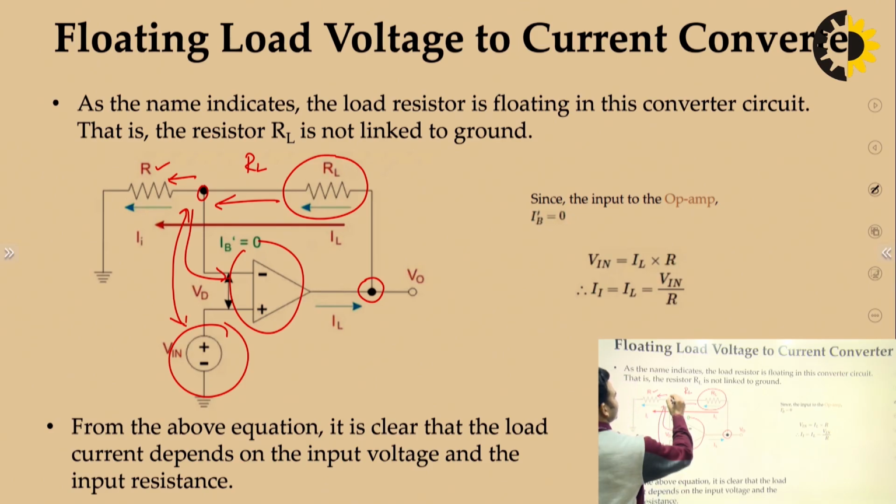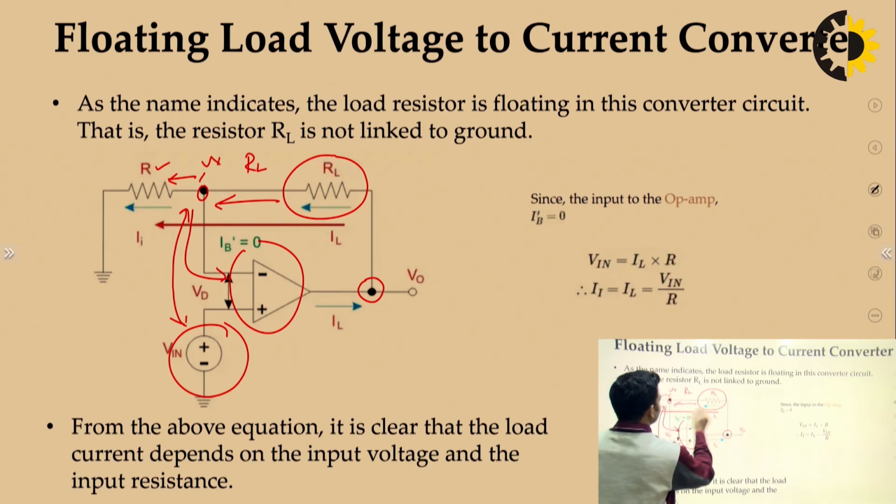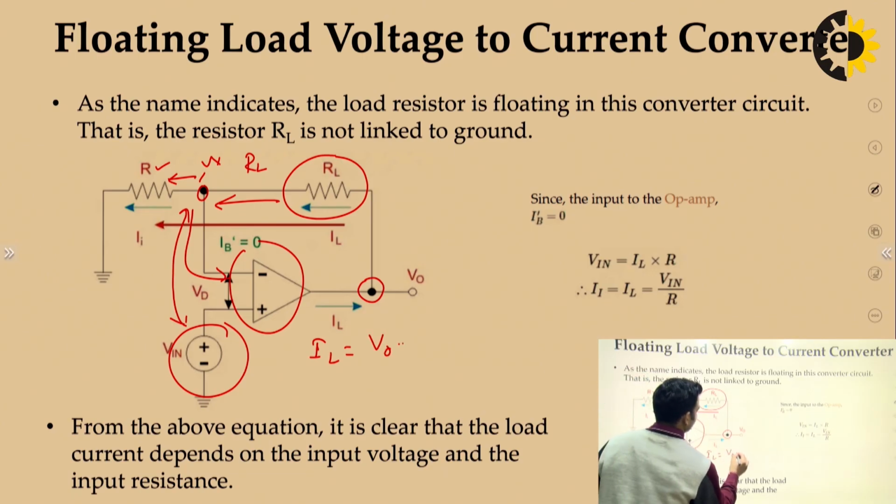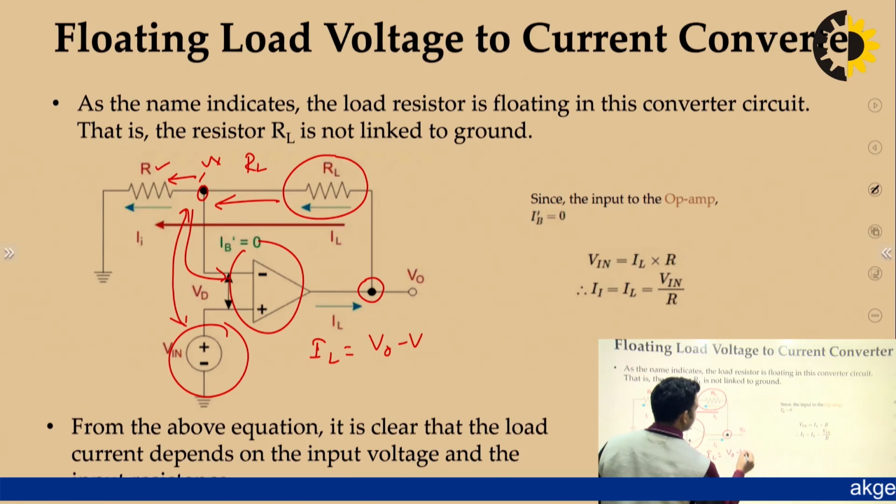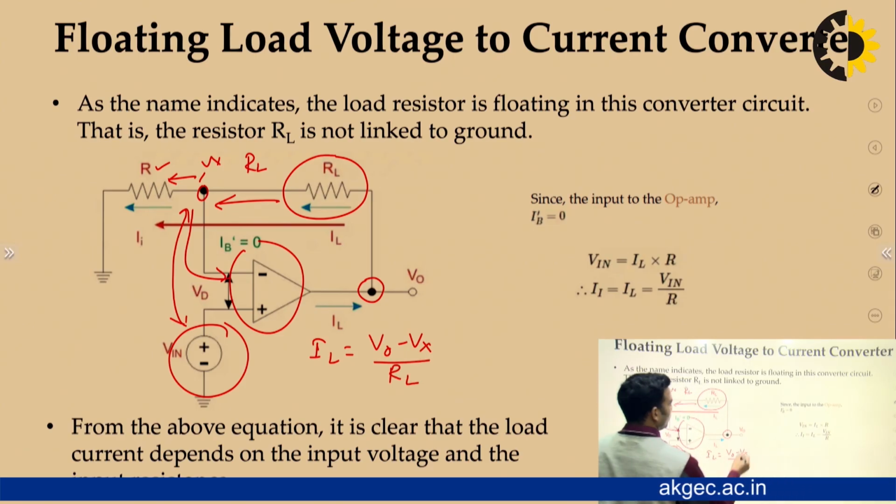If I write it as Vx, then IL is equal to V naught minus Vx divided by RL. And what is Vx? Vx is nothing but V in.